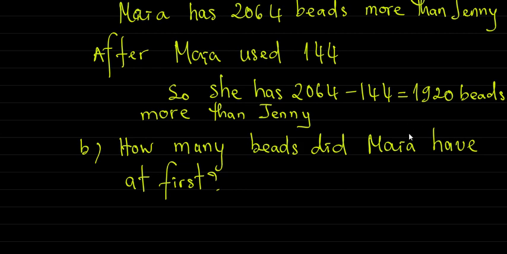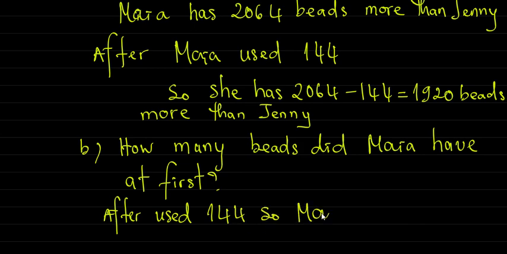So they say that after using 144, Mia remains with 1920 beads more than Jenny.